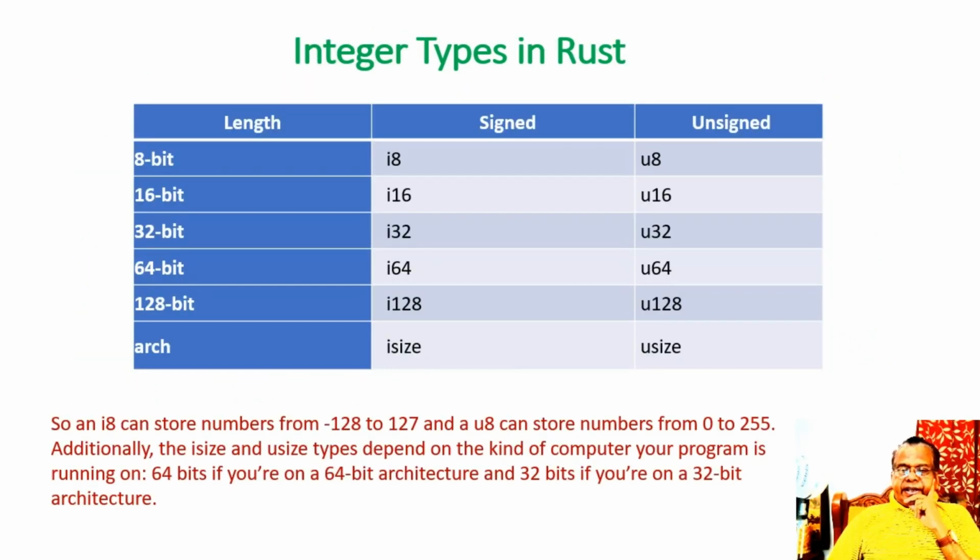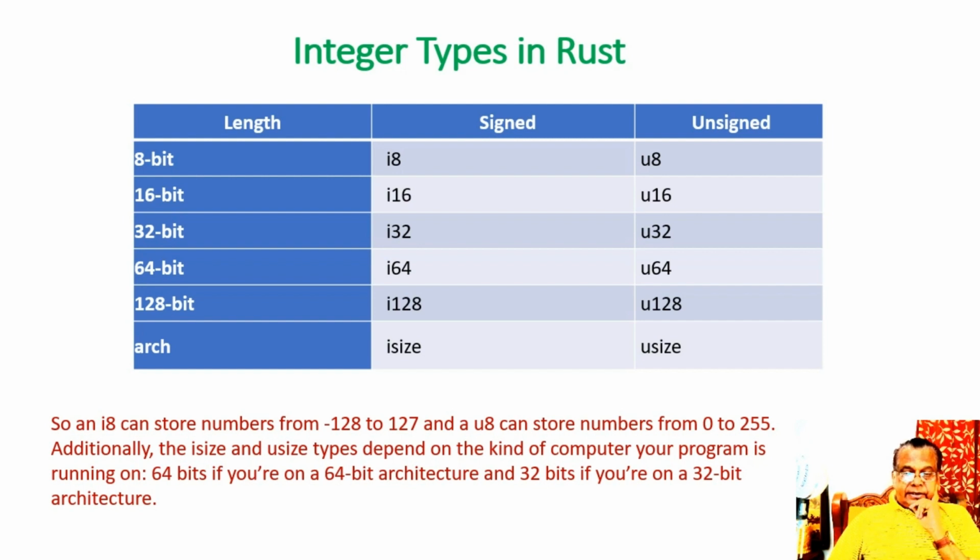Integer types in Rust: we have here three columns, one for length, another for signed, and the last for unsigned. Let us say 8-bit. Signed is represented by i8 and unsigned by u8.